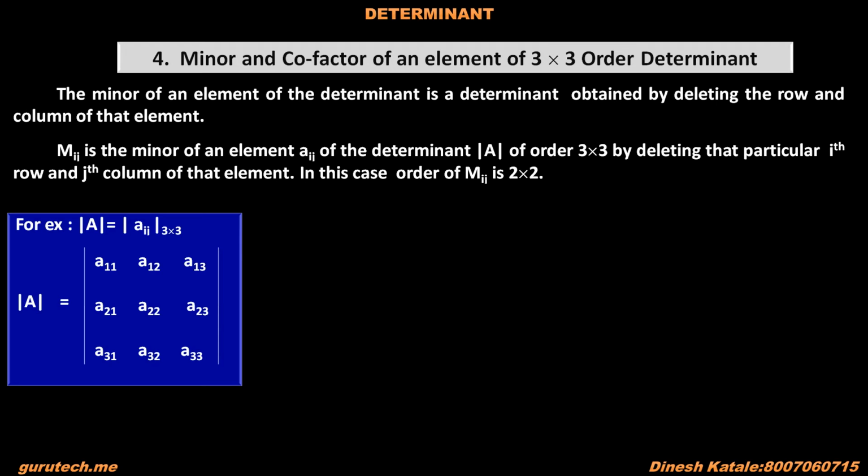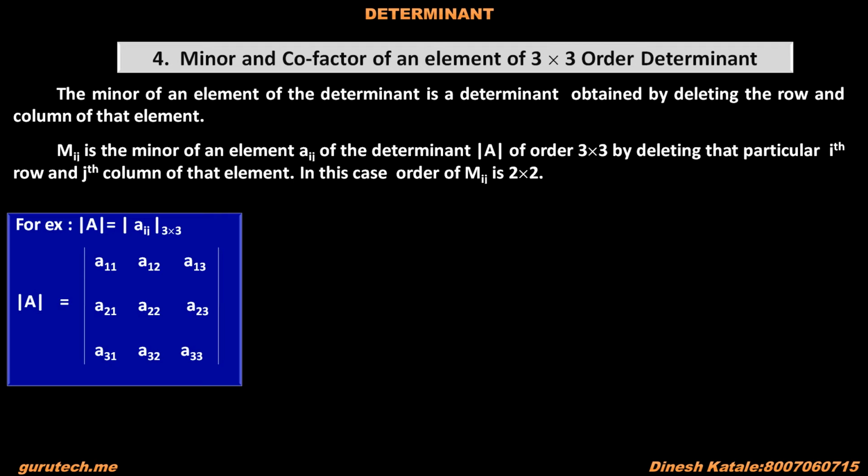A12 represents the element in first row and second column. A13 represents the element in first row and third column. Same way in second row, A21 represents the element in second row and first column, A22 represents the element in second row and second column, and similarly other elements are represented here.